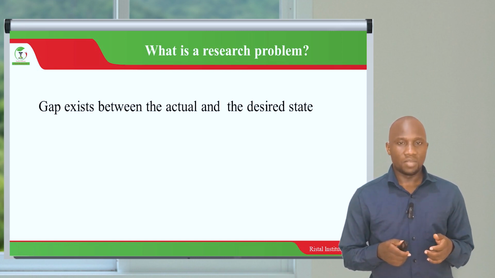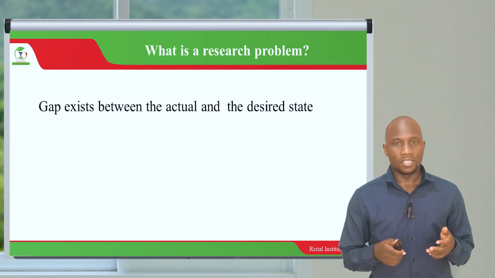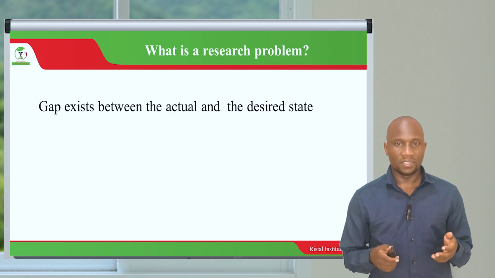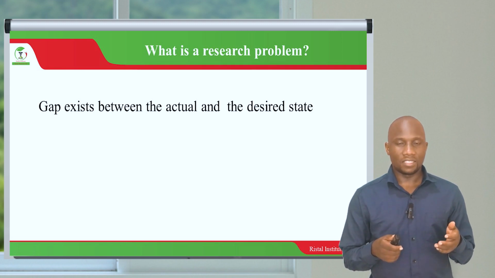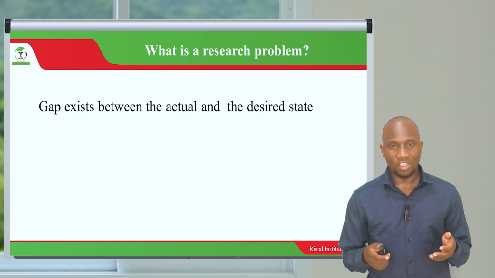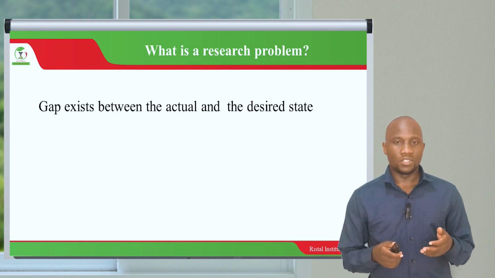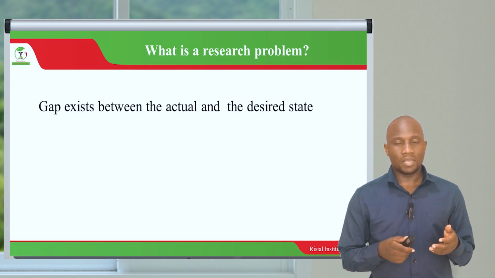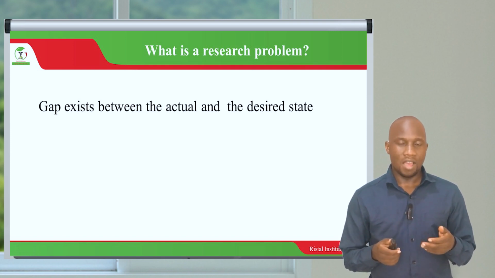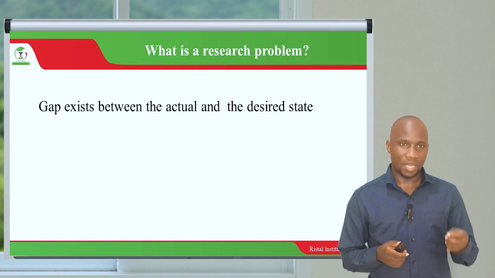So a research problem is a situation that you see in your professional work or practice, or even something that you have read about in theory, where you see that there is a difference between what is supposed to happen and what is actually happening.